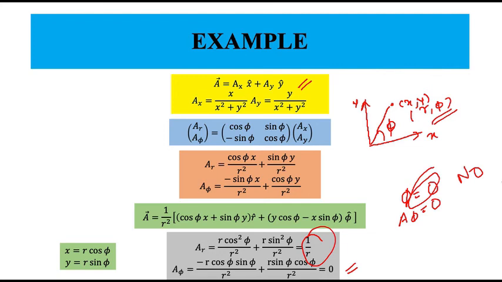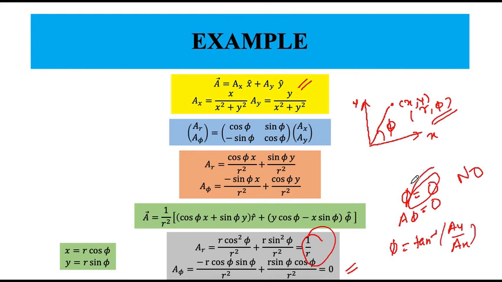In fact, phi is given by tan inverse of Ay by Ax. To find out the value of phi, similarly, since you know the value of r and the Ar component, you should be able to find out phi.